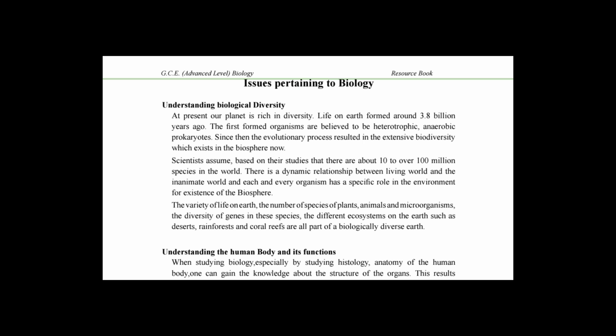Okay, remember this billion as well, because sometimes some people may confuse it with million, and if you put million, it will be totally wrong. So 3.5 billion years ago. Okay, so at that time the first formed organisms are believed to be heterotrophic, anaerobic prokaryotes. Okay.